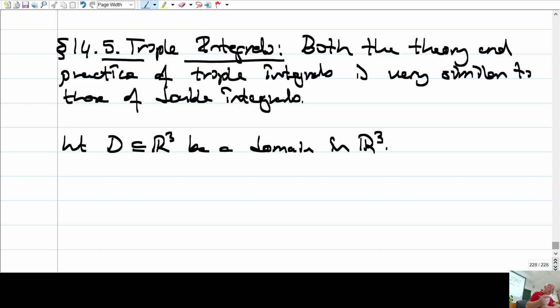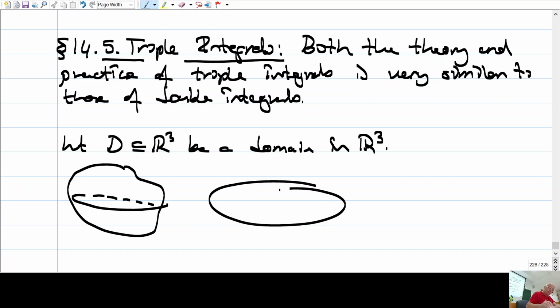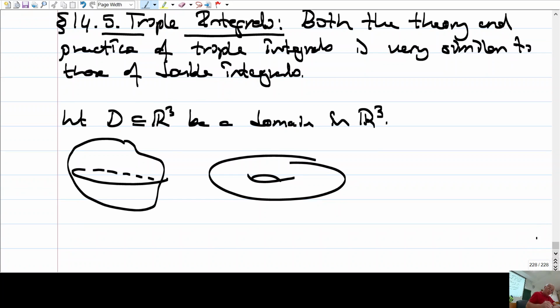So it can be a bounded domain or an unbounded domain. Let's say a three-dimensional object. It can be something like a solid torus or something like a sphere, a three-dimensional object.